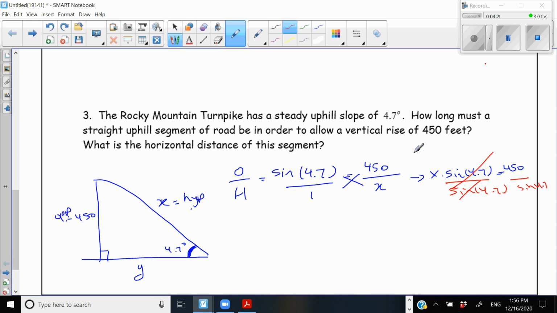So these two cancel each other because I want to have the x by itself on one side. I need to get rid of this sine, which is multiplied by my x, so I divide in order to undo that. So x is 450 divided by sine of 4.7. Now I'm going to use my calculator to find that.